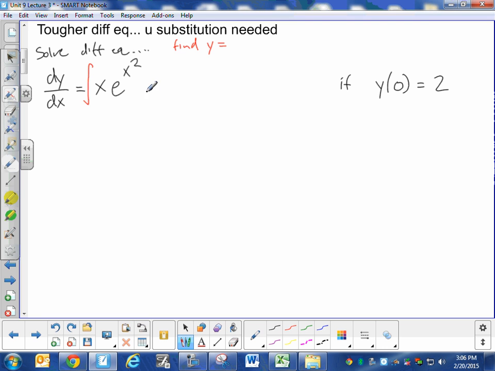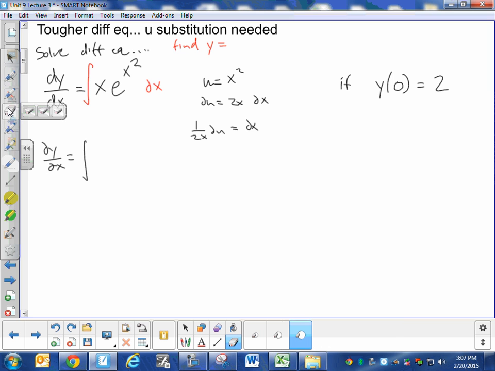Essentially we need to take the antiderivative of this. I see everybody is starting off on the right track here. And we know to take the antiderivative of this, we need to set u equal to that power of e. And we get dy dx is equal to, I don't even need the dy dx. We'll see how we can make it a little more formalized in a second.